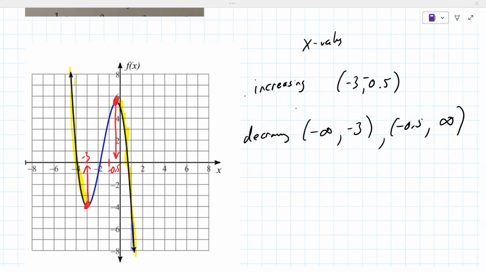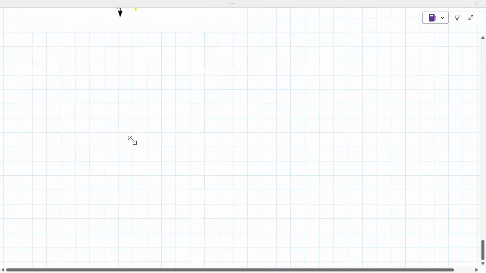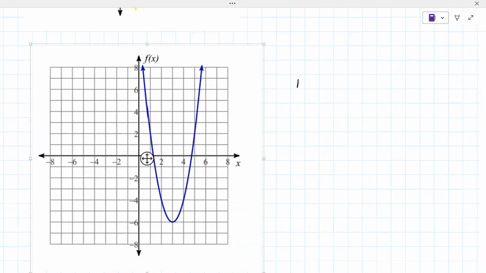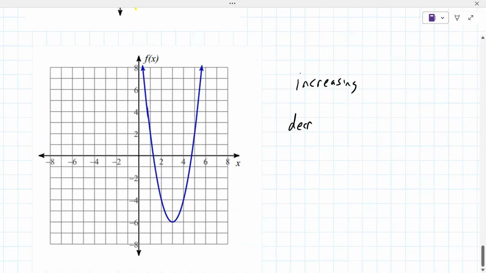Okay. Let's try a much simpler graph, hopefully. Take a look at this and tell me where it's increasing, decreasing.